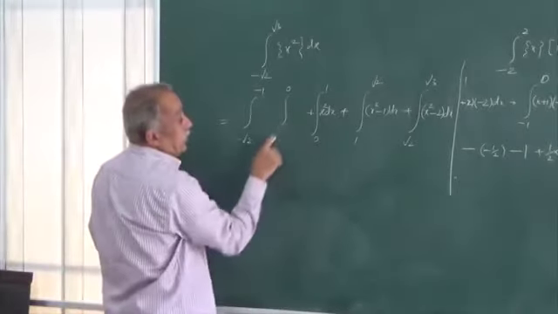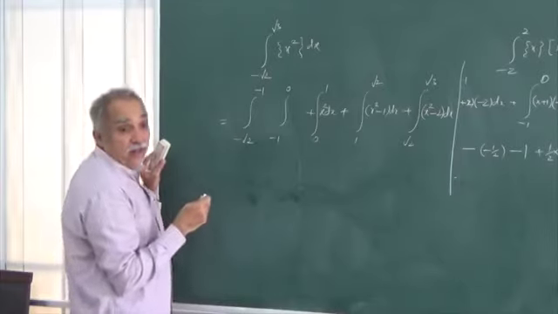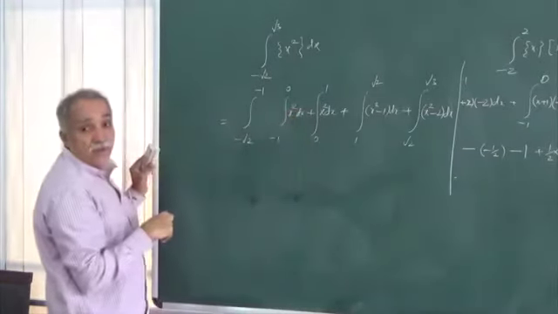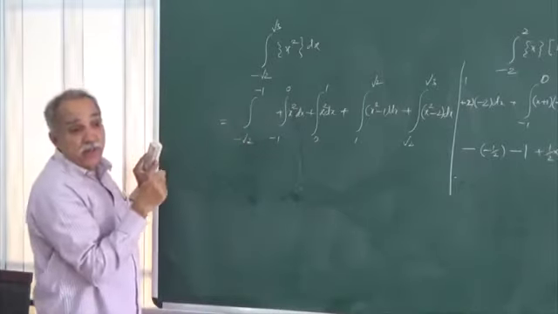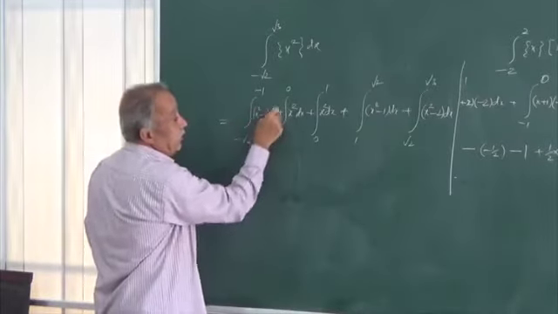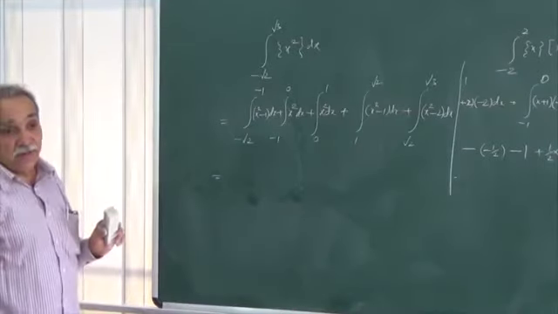When x is between minus 1 and 0, x square is between 0 and 1, therefore the fractional part is itself. When x is between minus root 2 and minus 1, x square is between 1 and 2, and the fractional part is x square minus 1. Agreed.